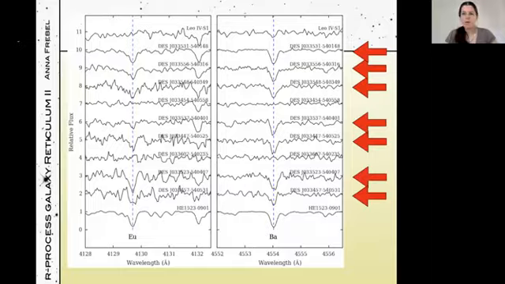The top one is another dwarf galaxy star. The bottom one is a strongly R-process enhanced halo star, which means it has strong absorption lines from all the heavy elements heavier than iron, including barium and europium, which you can clearly discern there at the bottom. And then the 7 of the 9 spectra in the middle also show a strong barium line, despite the fact that the data is really noisy.